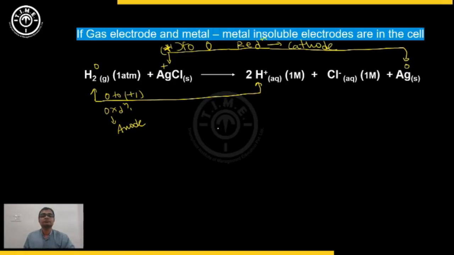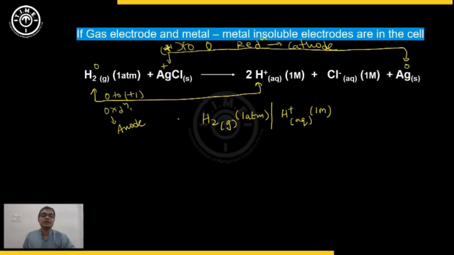Now you see both the cathode and anode are separated by two vertical parallel lines. So the gaseous electrode is on the left-hand side, taken as the anode. So hydrogen gas, pressure is given as 1 atmosphere, mentioned in a small bracket, single vertical line, H+ ion, mention its physical state, aqueous, concentration 1 molar.